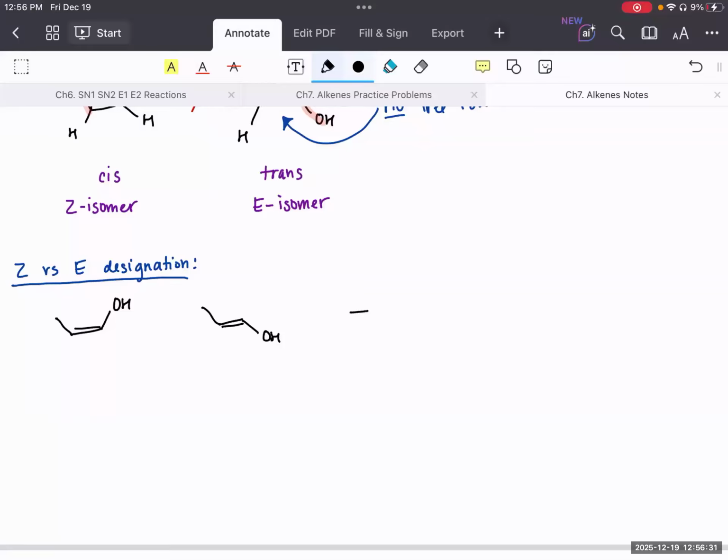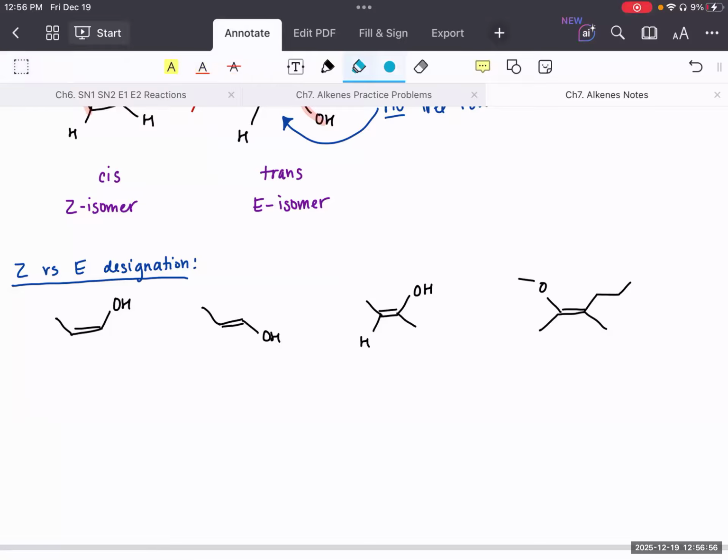So we'll do this structure right here, where we take that first structure, but then add a methyl group to that bottom or right carbon. And then we'll do a more complicated example here where we have 4 substituents on that alkene.